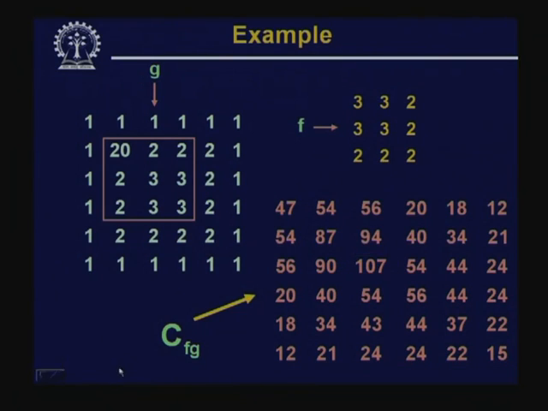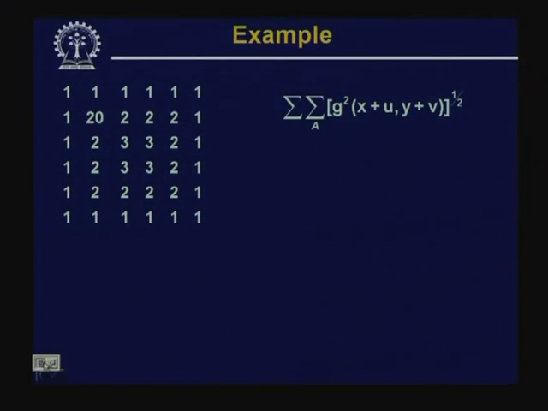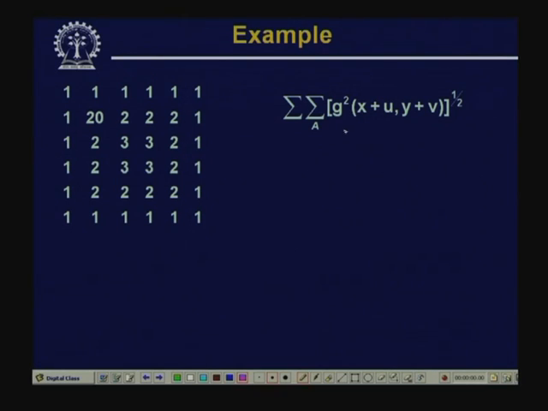So, as we have said, we cannot use the cross correlation measure directly as a similarity measure. So, what we have to do is compute the normalized cross correlation value. For computation of the normalized cross correlation, we have to compute this particular component, that is, the square root of the double summation over the region A of g square x plus u, y plus v.